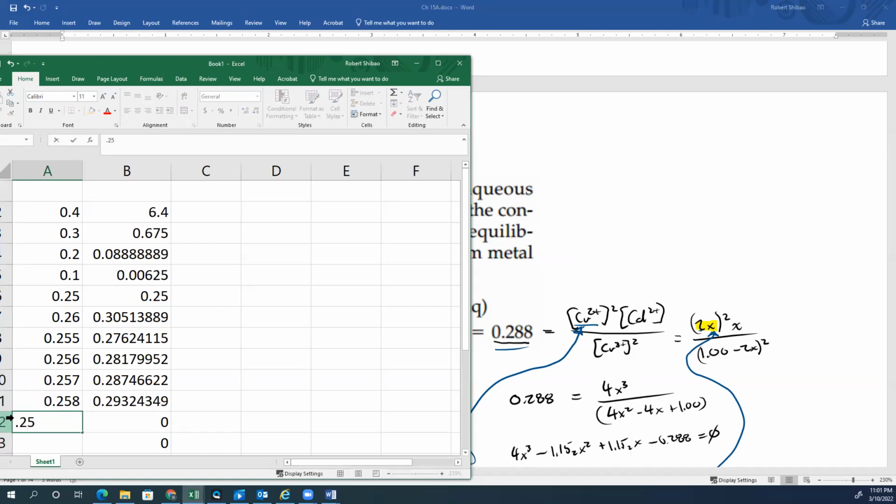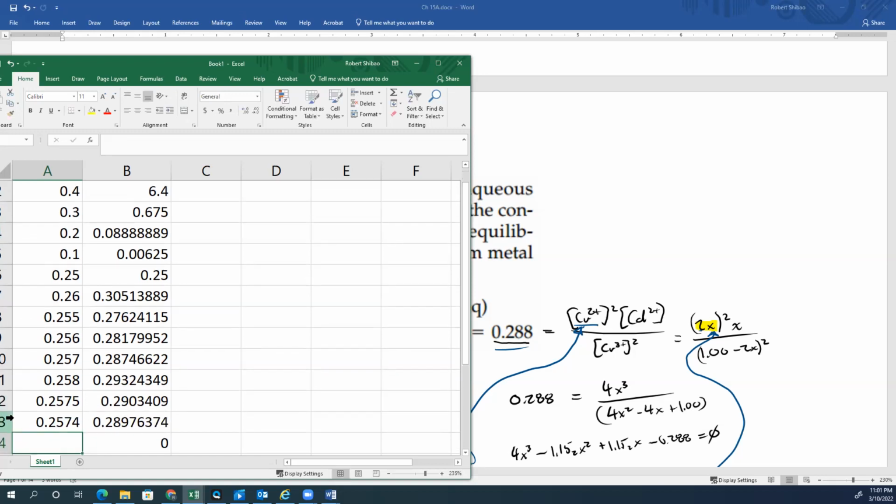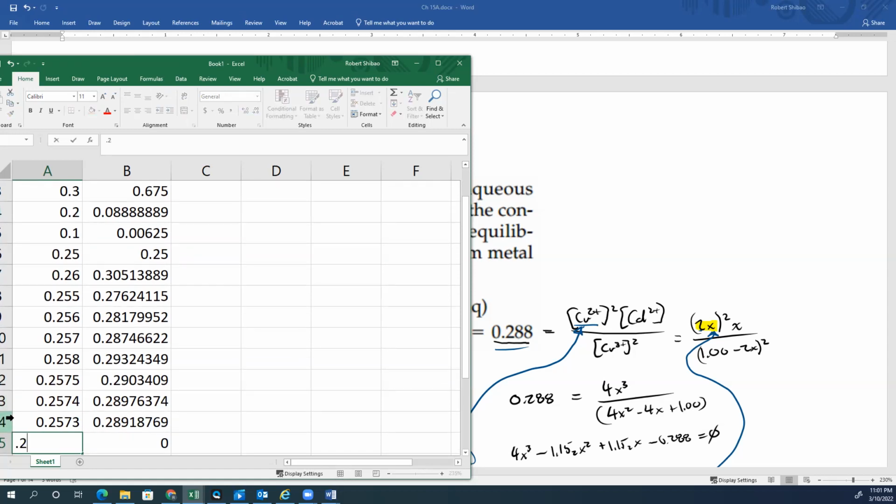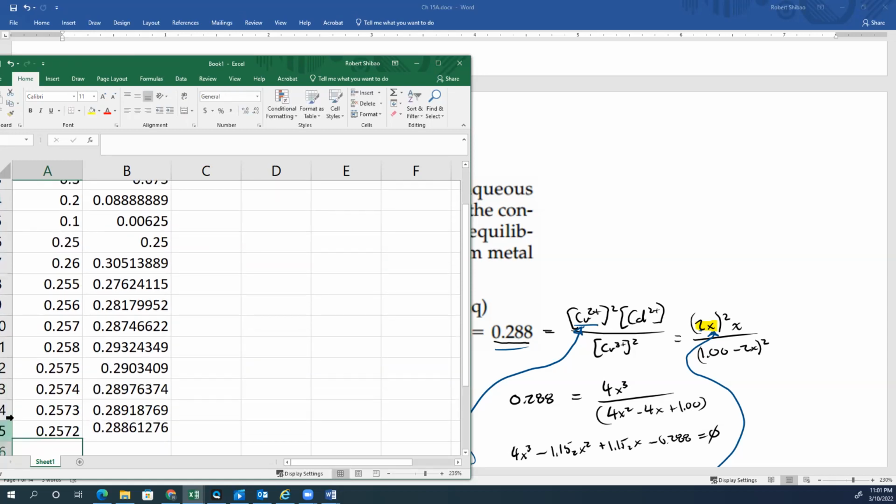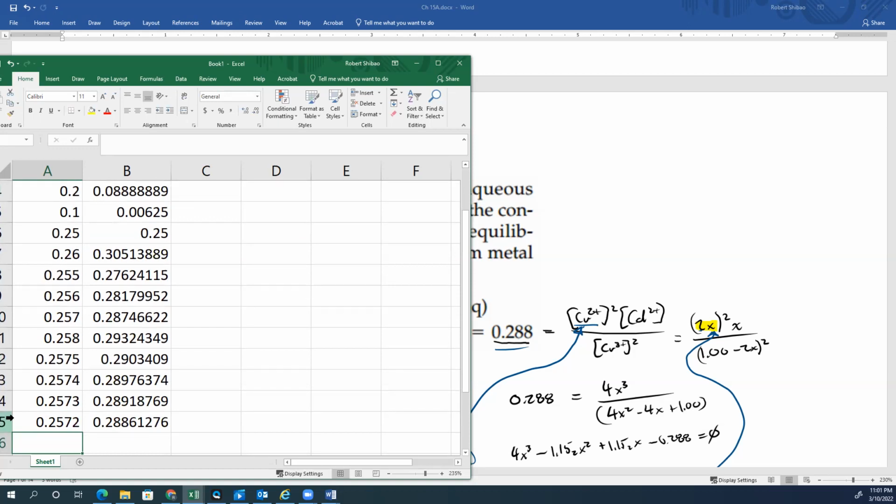Back off. 0.2575, a little bit too big. 0.2574. Almost there. 0.2573. 0.2572. 0.2571. There we are.